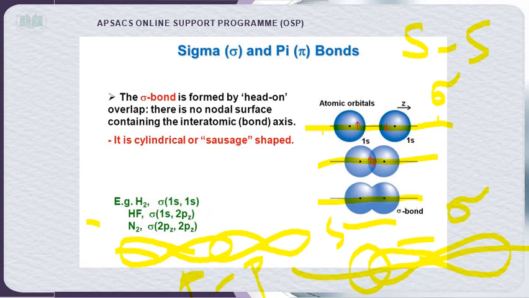That will give rise to the sigma bond. Remember, among p orbitals, as there are three p orbitals designated as px, py, and pz, only one of them will go for the sigma bond formation, the other two will go for the pi bond formation.